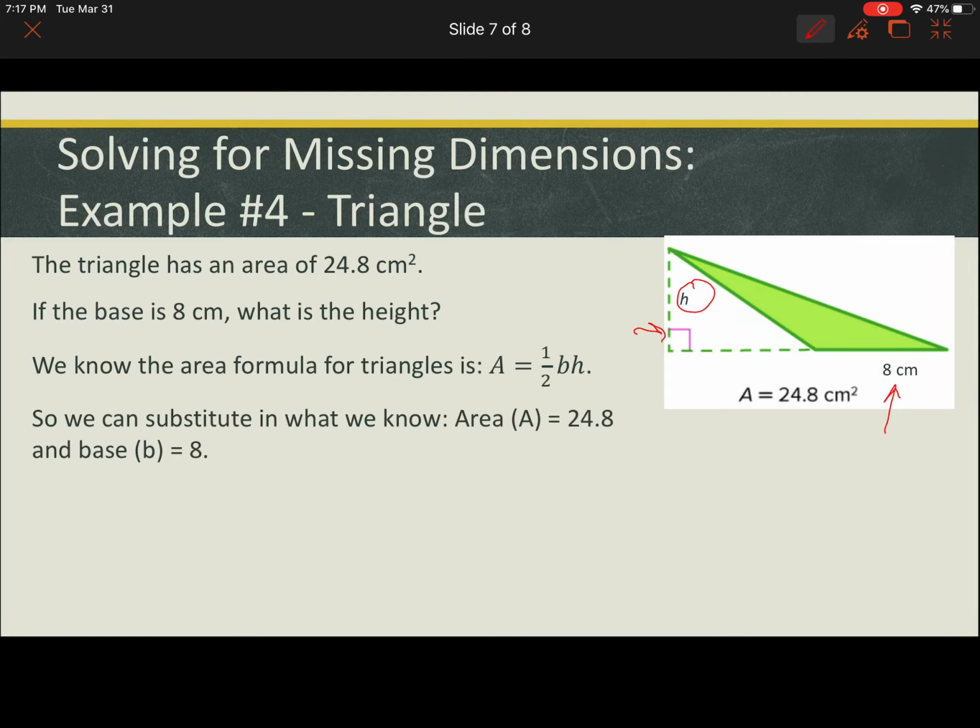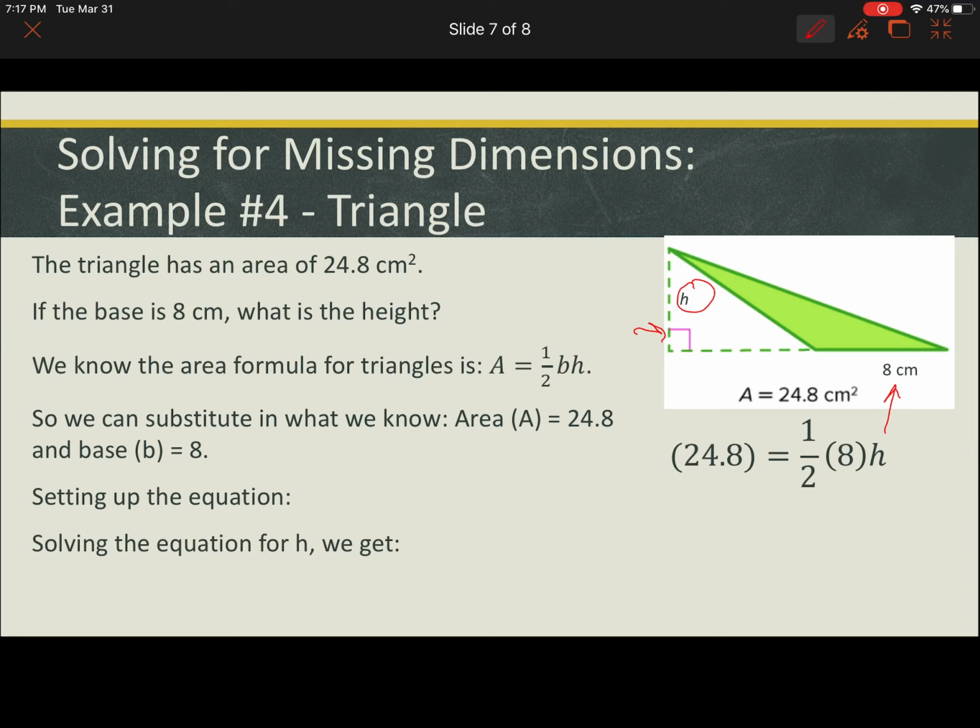We can substitute in what we know. The area is 24.8. The base is 8. Setting up the equation, we have 24.8 equals 1/2 times 8 times h. Now, solving the equation, again, can't forget about the half.